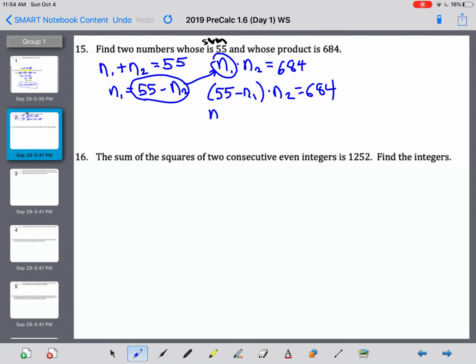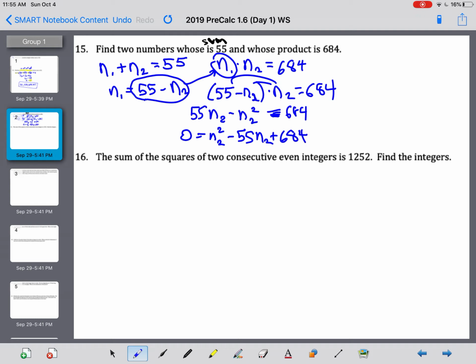I'm going to distribute, and I get 55 n sub 2 minus n sub 2 squared equals 684. I'm going to bring everything over to the right. So I'm going to add the n sub 2 squared over, and subtract the 55 n sub 2, and I'm going to get plus 684.